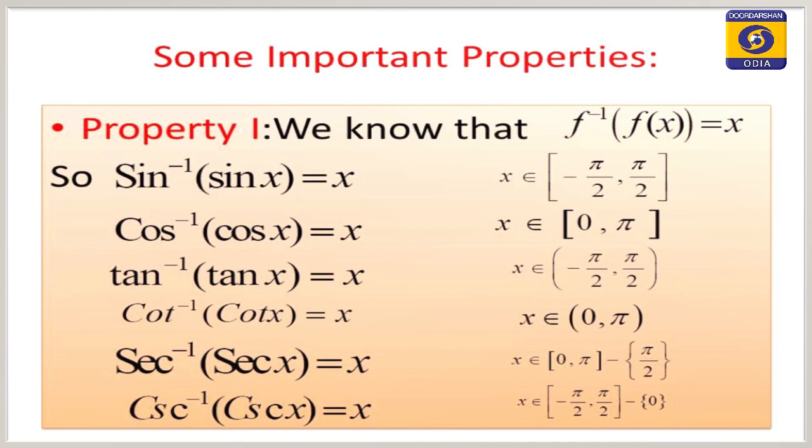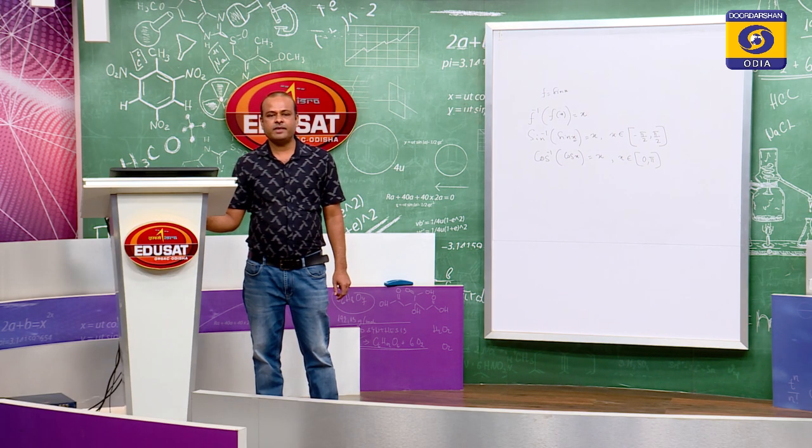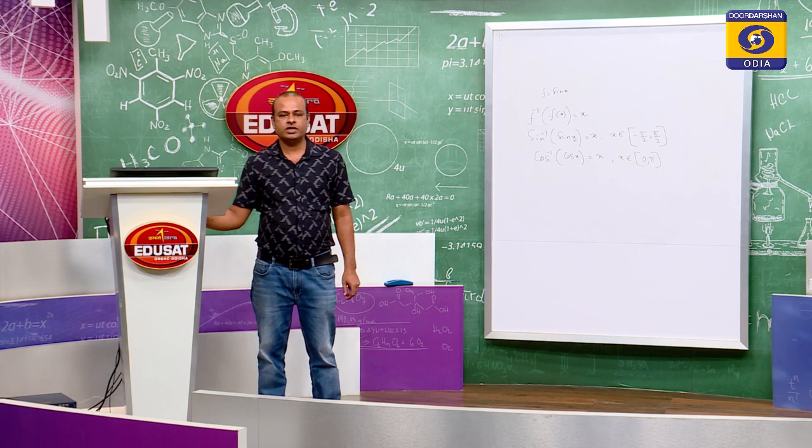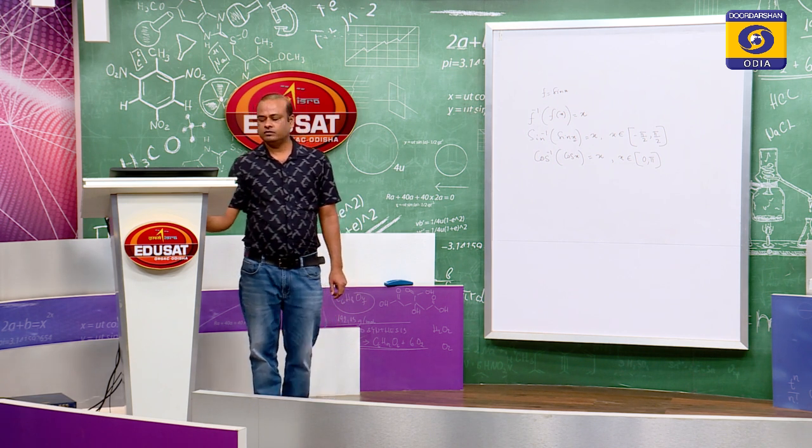All are in the range of sin inverse x. Sec inverse sec x is equal to x, x belongs to the closed interval of 0 to pi minus pi by 2, and cosec inverse cosec x is also equal to x, x belongs to minus pi by 2 to pi by 2 closed interval minus 0.